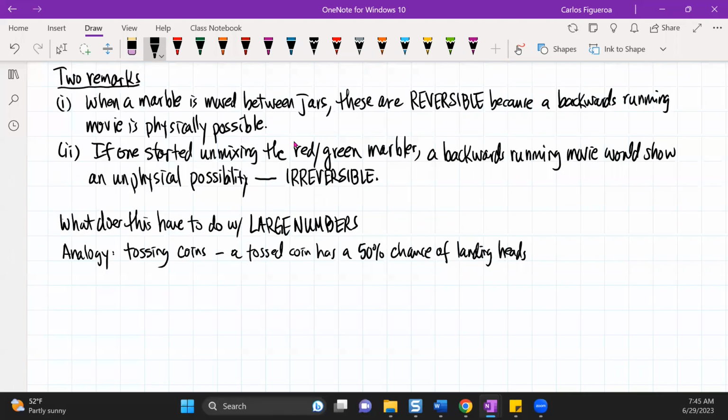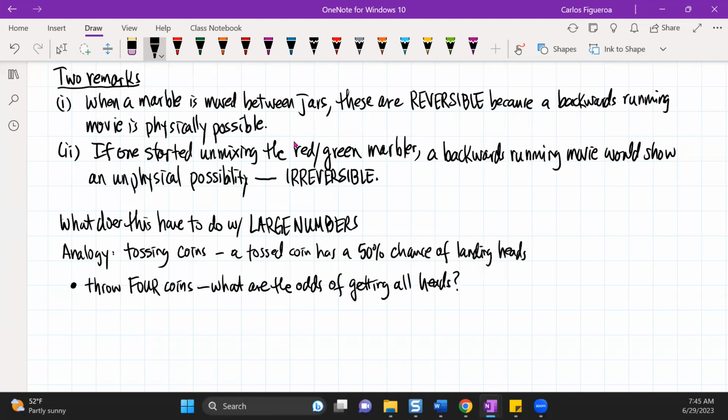So let's talk about heads. Now what we're going to do is throw 4 coins. So what are the odds of getting all heads?